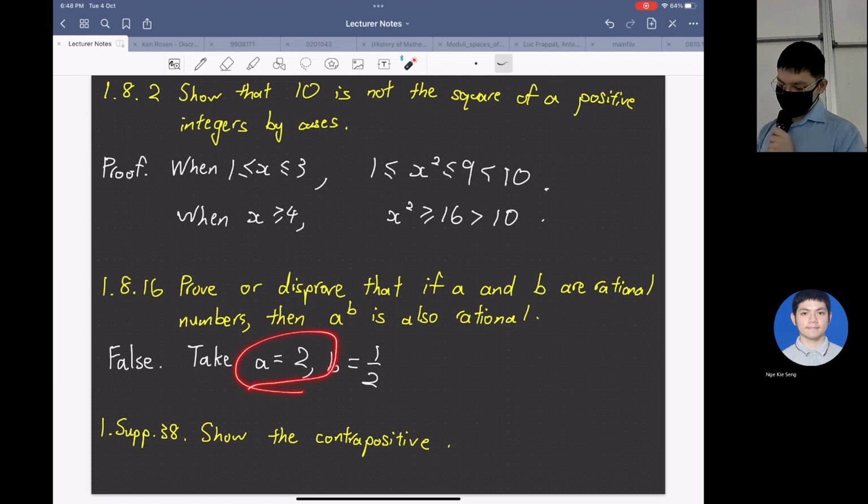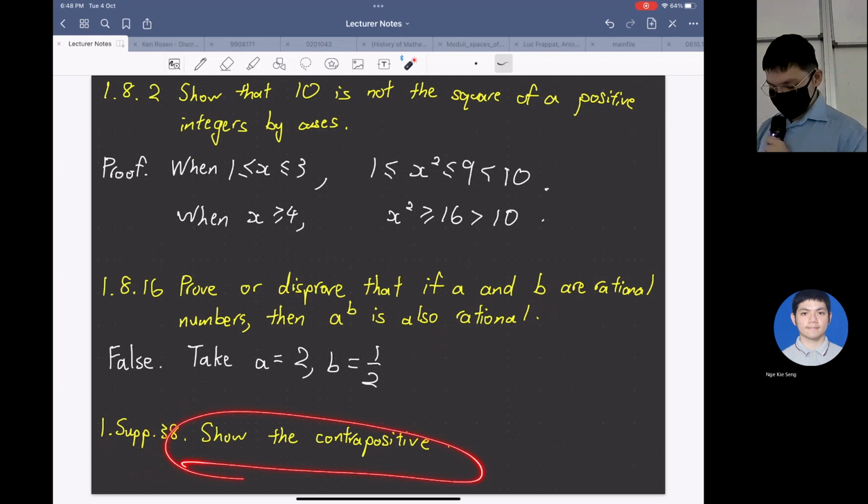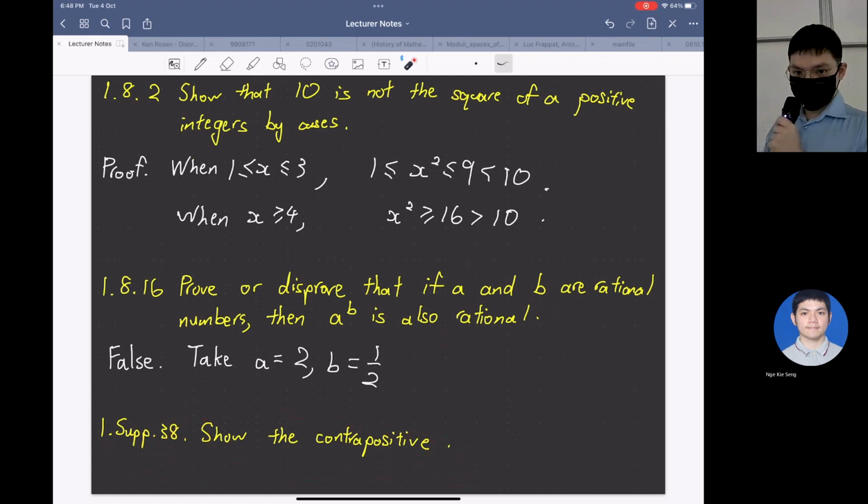If you take a and b rational, then square root 2 is actually irrational. We already proved that square root 2 is irrational. And then one more, actually it's 3.8. I think I've already changed it in the model. I always pick the even one. It's to show the contrapositive, and you can get the answer easily.